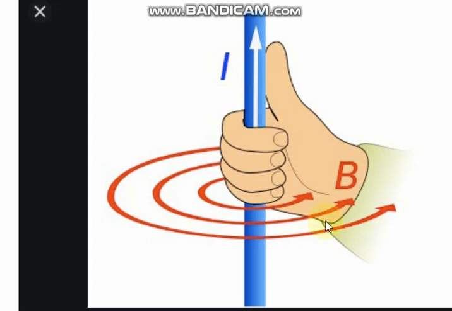So one point which you must remember is that if the current is straight, the magnetic field around that straight current carrying wire will be in the form of rings surrounding that wire. So the magnetic field will be in the form of circular rings.